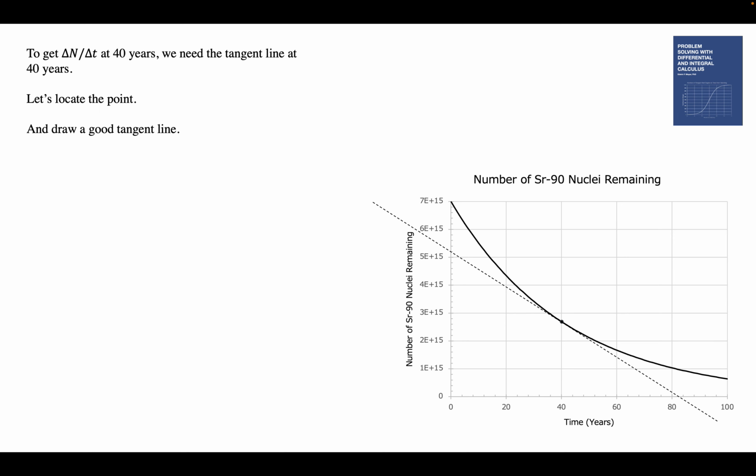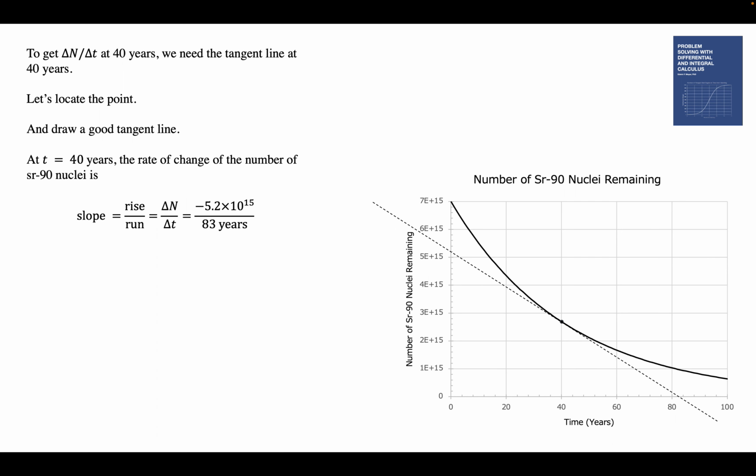That's negative, of course, because the atoms are going away. And the time looks like, oh man, I don't know, 83 or something? 83, okay. 5.2 times 10 to the 15th divided by 83. So the decay rate of the strontium-90 at 40 years is this.